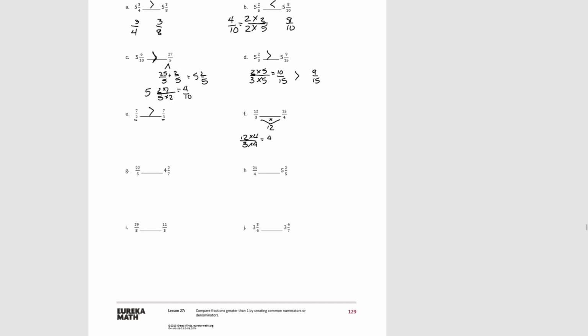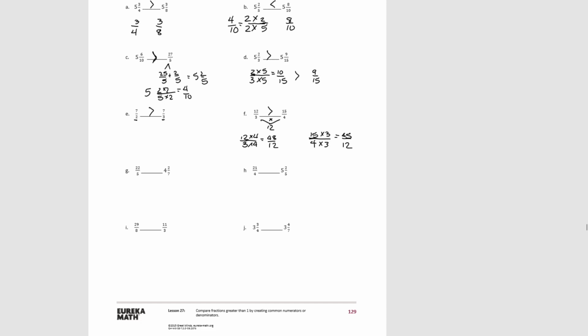So we'd have 48/12. And 15/4 we'd multiply by 3 to get to 12ths. So we'd have 45/12. And 48/12 is greater than 45/12, so 12/3 is greater than 15/4.